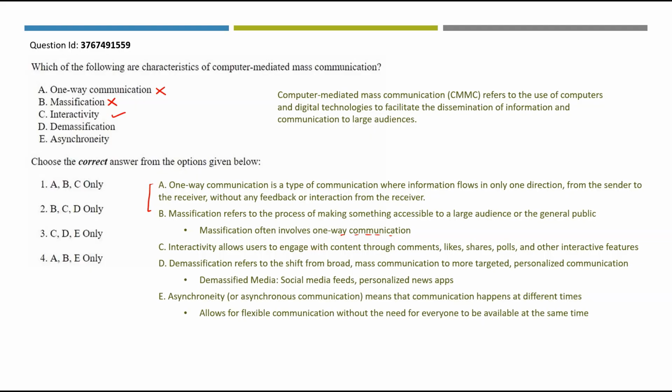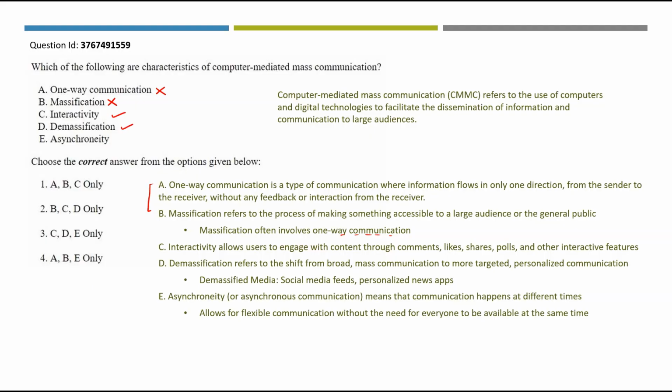So based on our taste, our activities, the feeds are getting changed. Personalized news apps are also available. So instead of going to a broad mass communication style, here demassification deals with more targeted or personalized communication where we get personalized news apps. So demassification can also be included in the answer list.